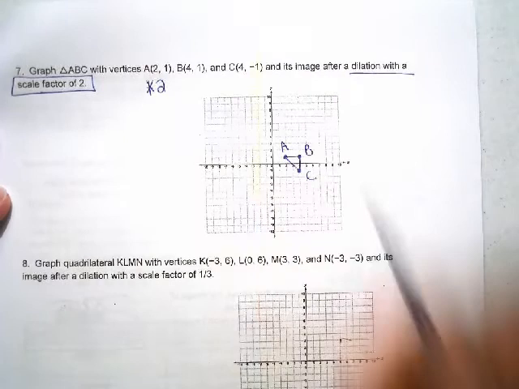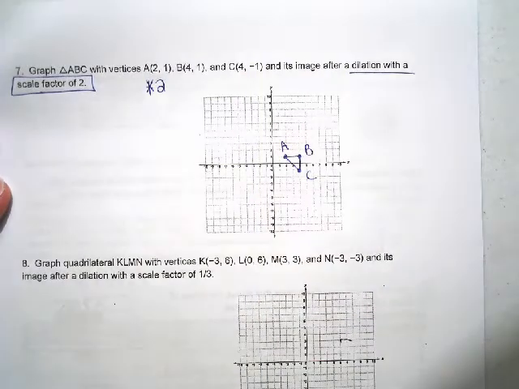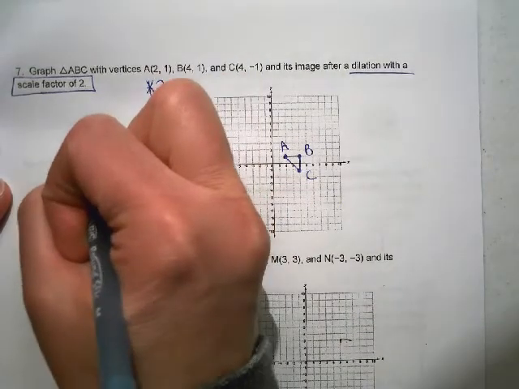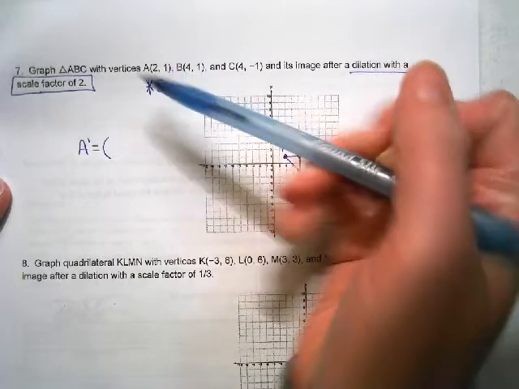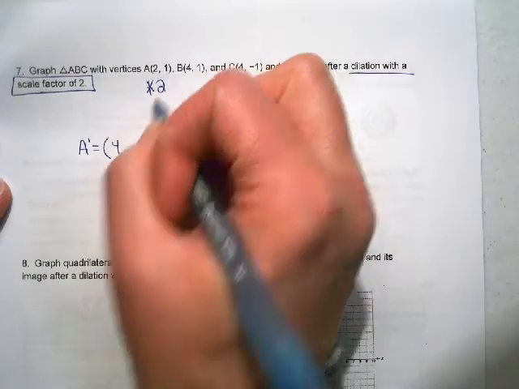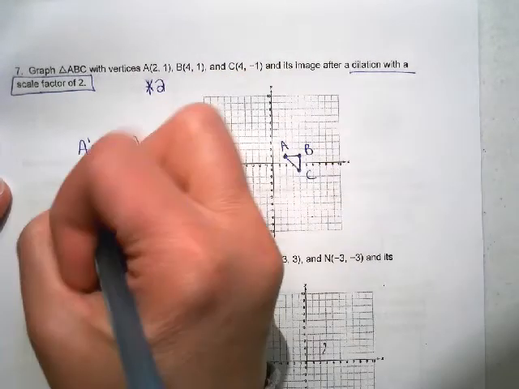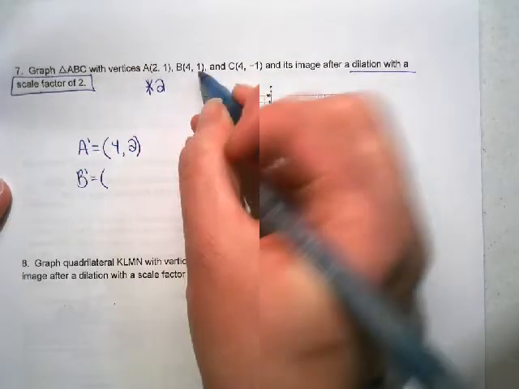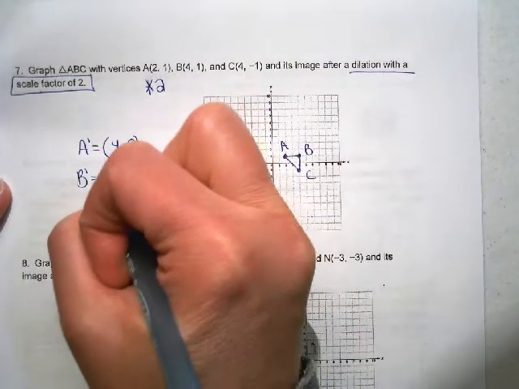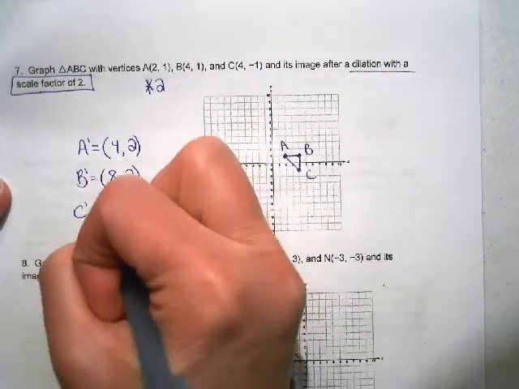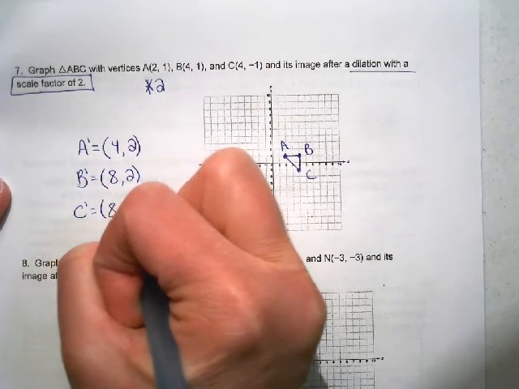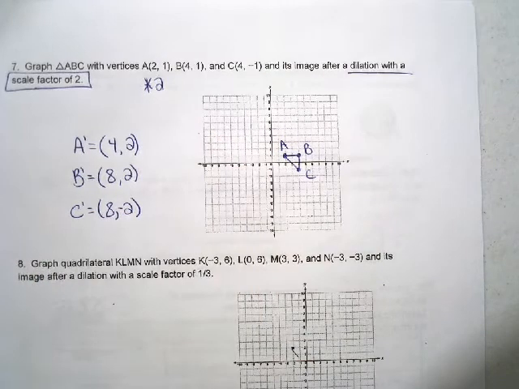So the easiest way to do this is just to multiply all of your coordinates by 2. You don't necessarily have to write them down, but I'm just going to write it down so you can follow along with me. So I'm just simply multiplying 2 times 2, 1 times 2, and I'm going to do the same thing for B and for C. So I'm just multiplying B, and then I'm going to take C, and I'm just going to multiply.